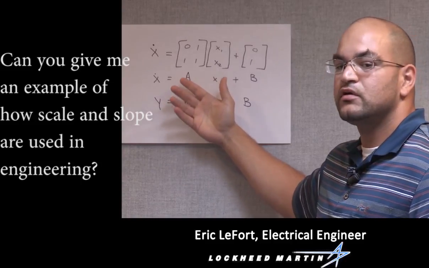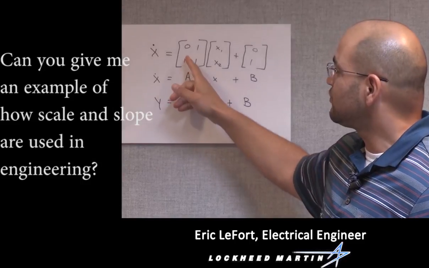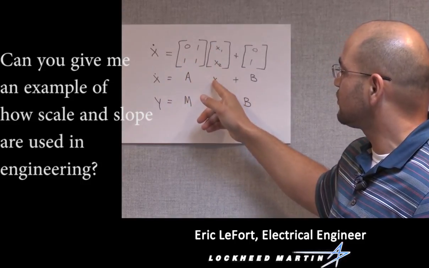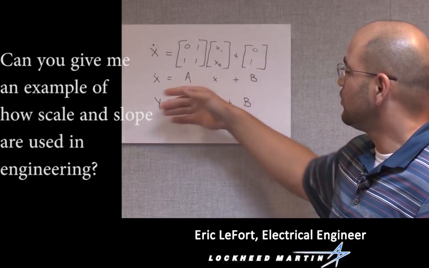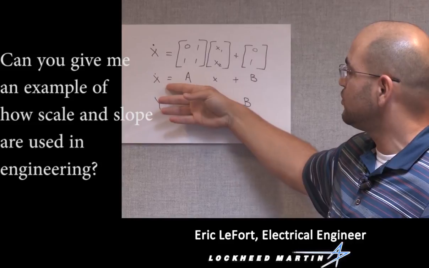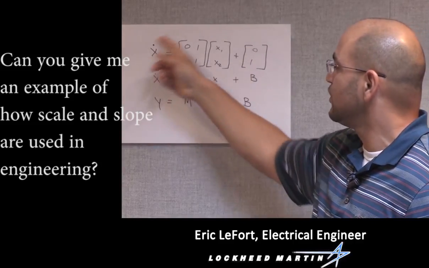However, with linear equations, we can simplify this by saying, hey, let's make this A, let's make this x, and let's make this b. Well, then we get an equation x prime equals Ax plus b, which is simpler than this.